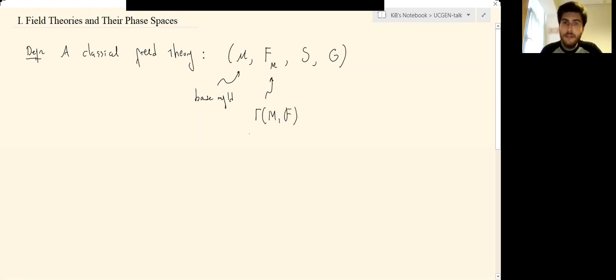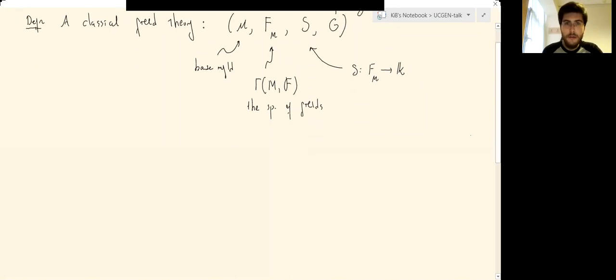These are the space of fields of the theory. And this S is a smooth function on the space of fields, with values in some field K, in general the complex numbers or the reals. And G is your symmetry group, if you like. Very roughly speaking. But of course, this is not the whole story.